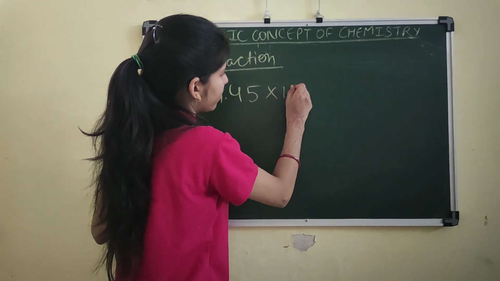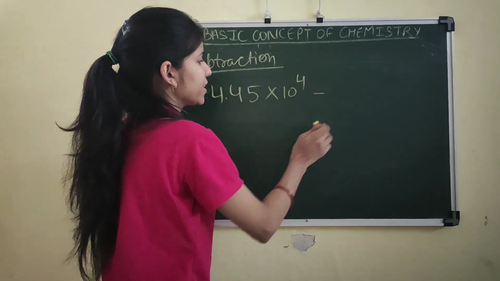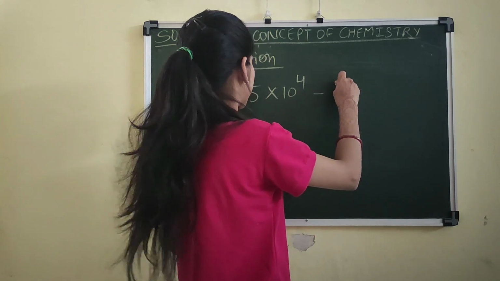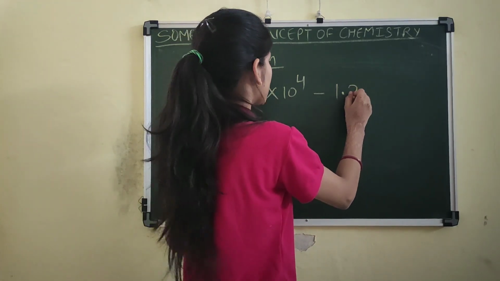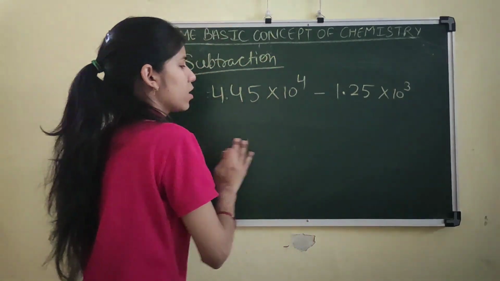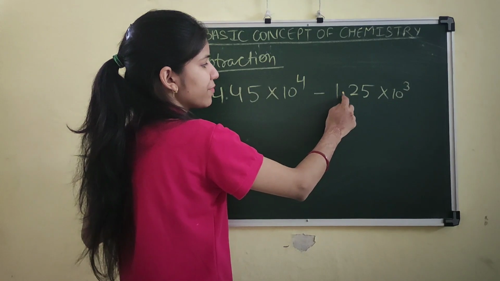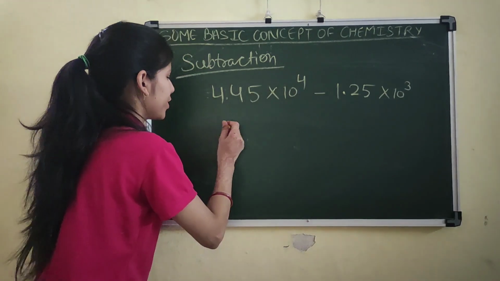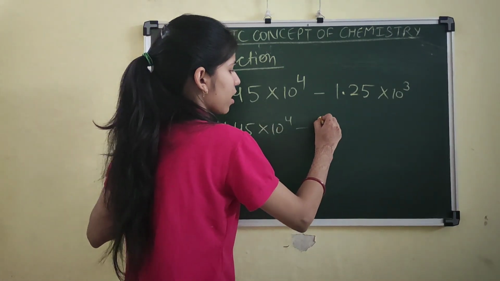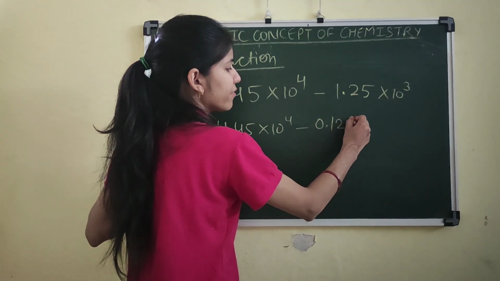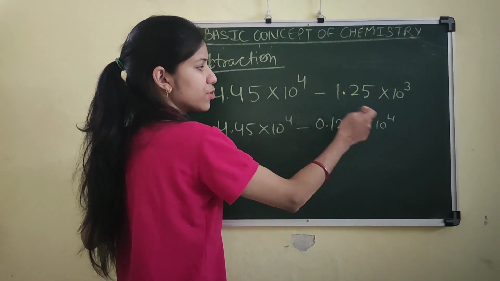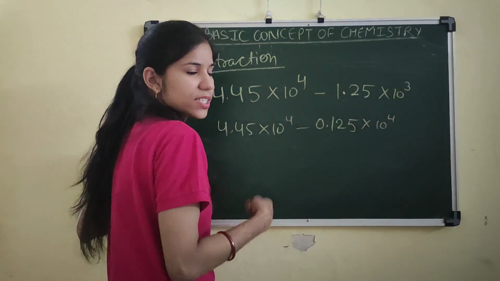Take 4.45 into 10 to the power 4 minus 1.25 into 10 to the power 3. The decimal shifts left, so the second term becomes 0.125 into 10 to the power 4, because 3 plus 1 is 4.